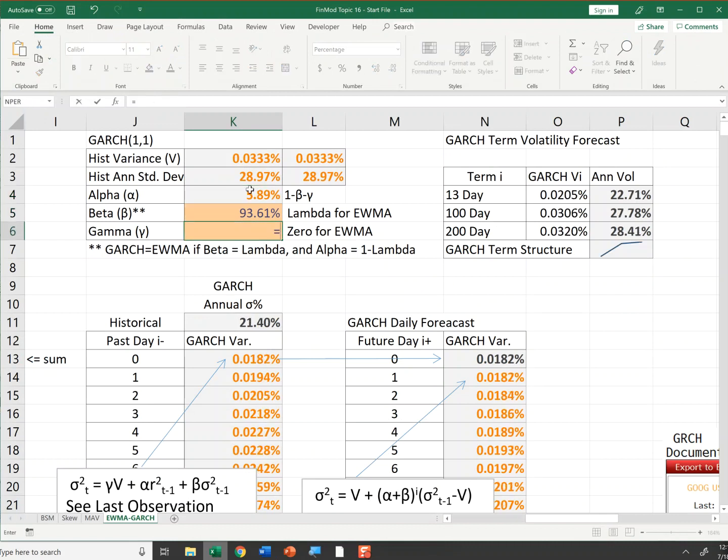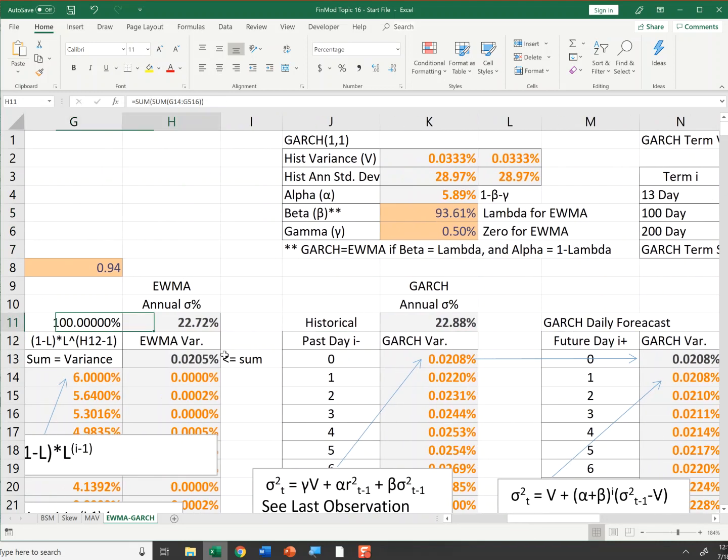And then I'll set my gamma to 1 minus beta minus alpha. Now I have my GARCH estimate for volatility for that first day, which is now 22.88, not 22.72. Notice my long-term variance is about 29, or 0.033 daily variance.